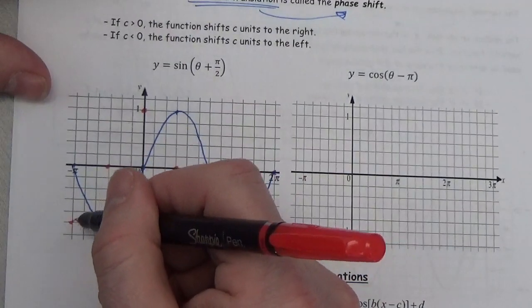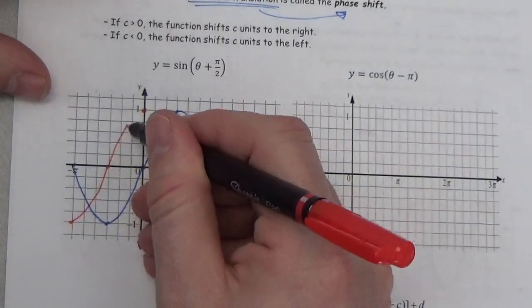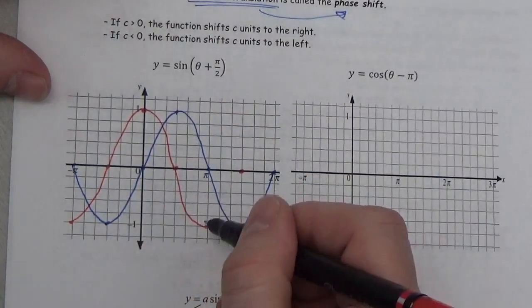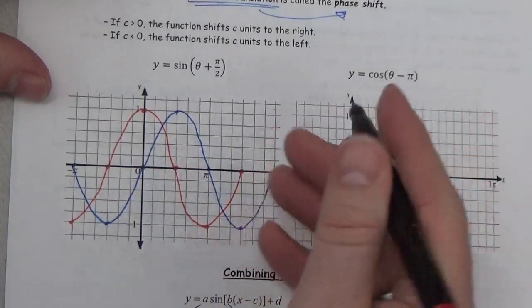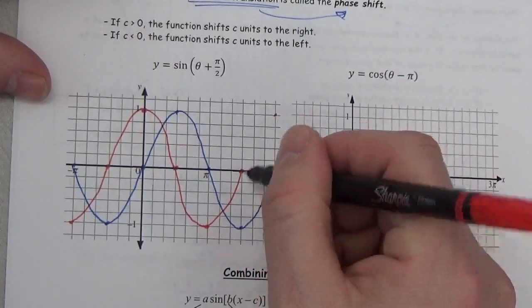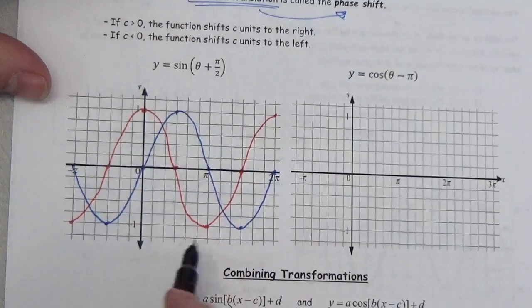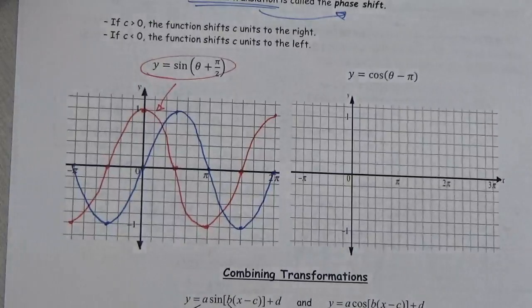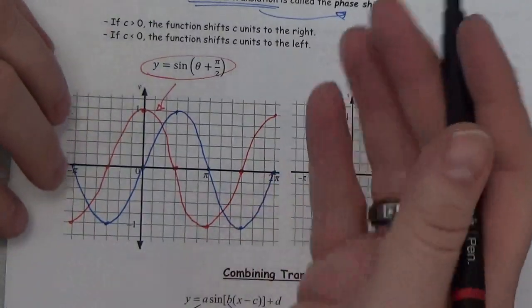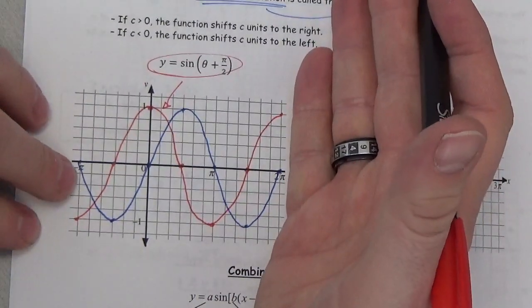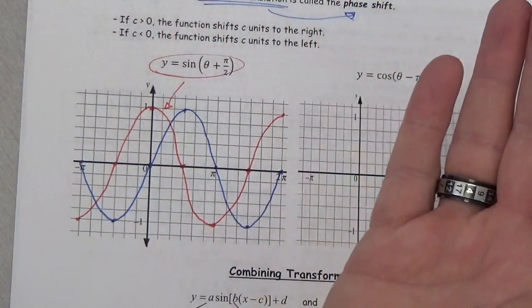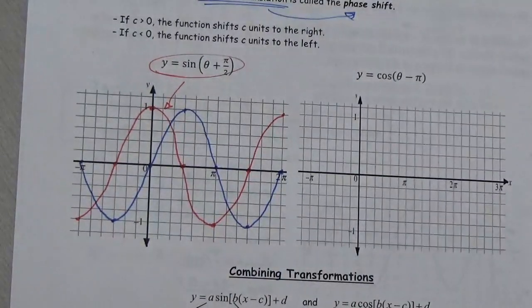So now it's going to go up, down, and then I would have pulled a maximum out here to there. And so now it's the red graph here that I've shifted over. But look at that. Isn't that amazing? That red graph, which is sine of theta plus pi over 2, is really the graph of cosine. And I think that's just absolutely amazing.